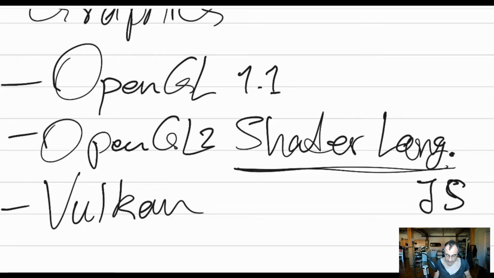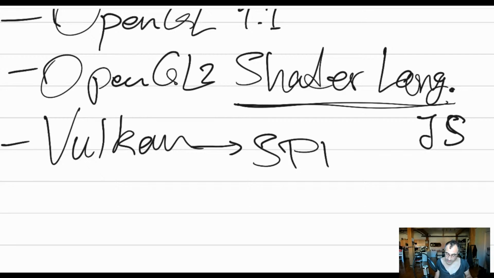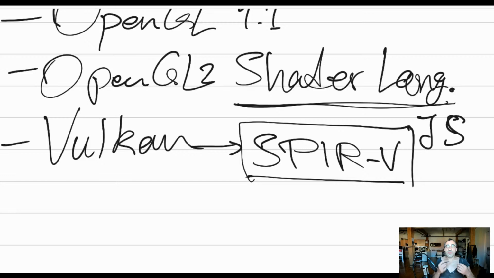Then Vulkan said, well, that's stupid, because a good compiler is really hard to build, and not every driver should have to have a full optimizing compiler. So Vulkan ships its shaders in binary formats and lets the compiler do a lot of work upfront, and you just ship the output in a language called SPIR-V, which is a portable GPU assembly language.